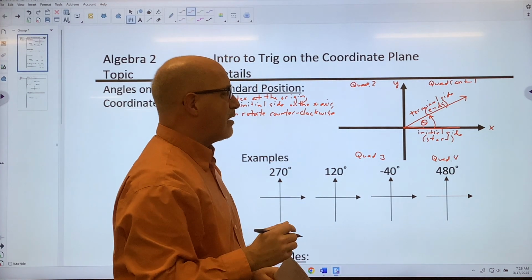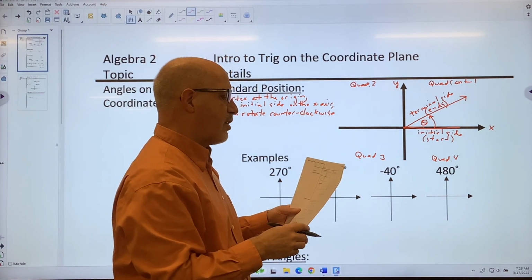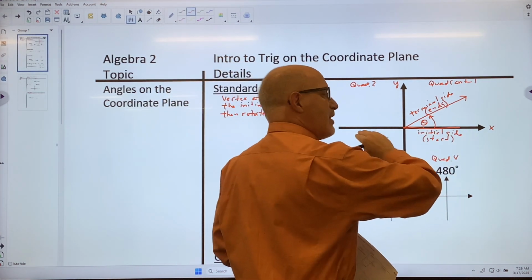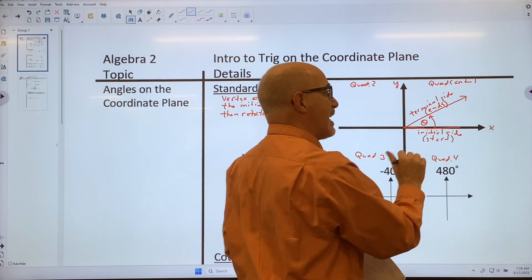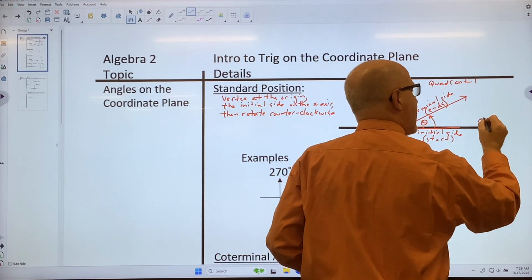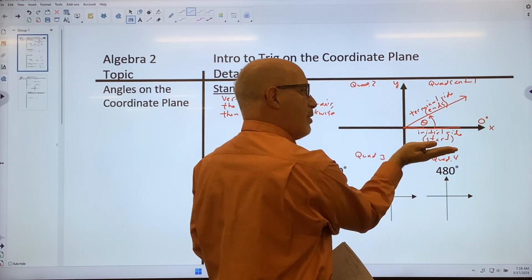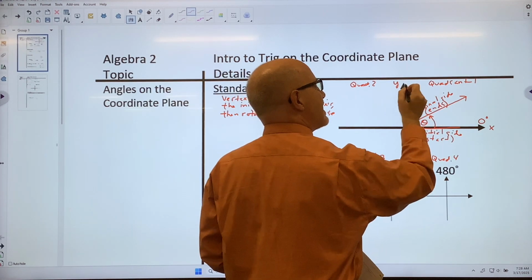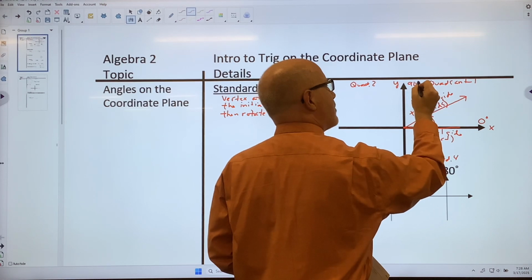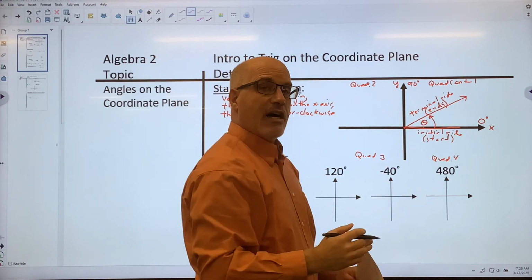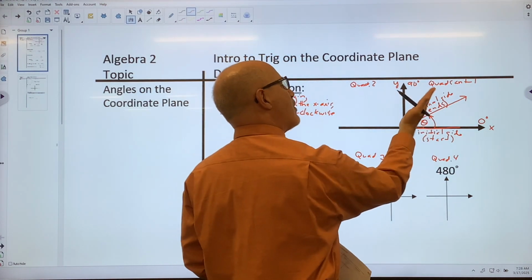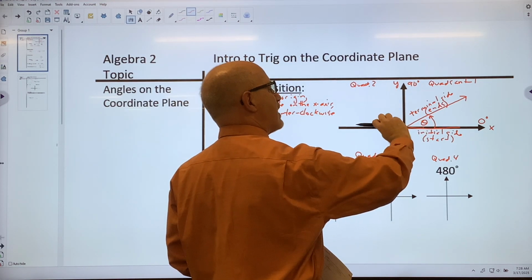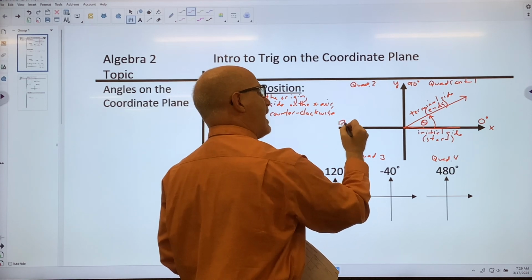Now just a reminder of how these angles are listed. If the initial side and the terminal side are both on the x-axis, that would be a 0-degree angle, so no measure. Now if we rotate the angle all the way up here, that's a 90-degree angle if our terminal side ends up on the y-axis. If we keep rotating past 90 degrees over to here, this is 180 degrees.